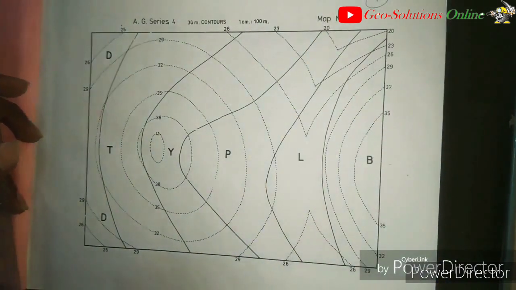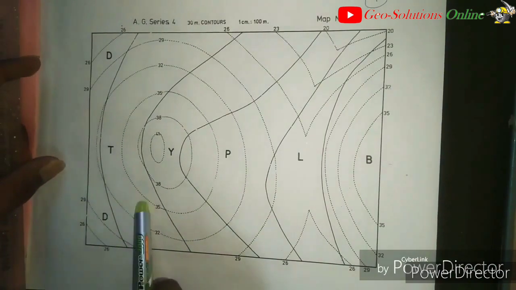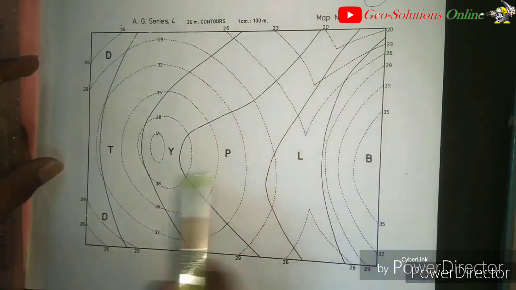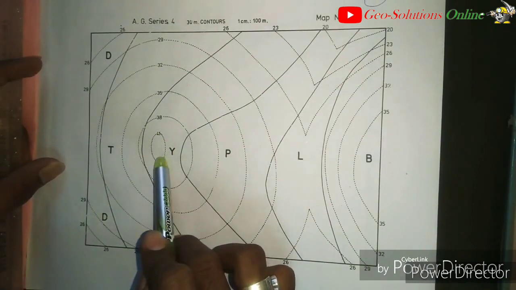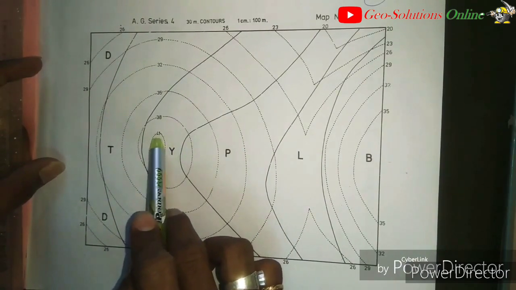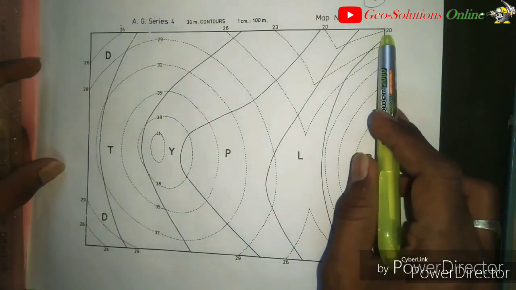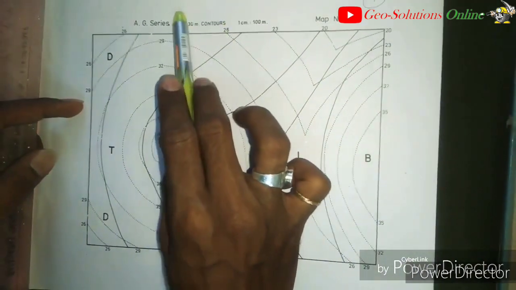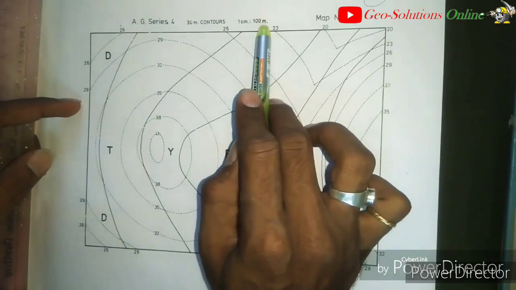This map contains a conformable series of beds: bed D, bed T, bed Y, bed P, bed L and bed B. It has a highest contour, or maximum elevation point, of 410 meter and a minimum contour of 200 meter. The given data is: contour interval is 30 meter, scale of the map is 1 centimeter equals 100 meter.